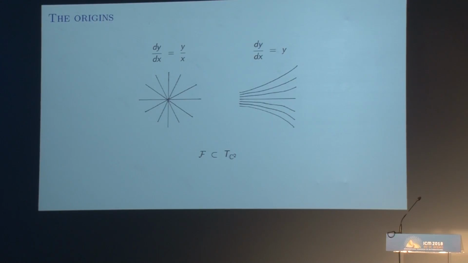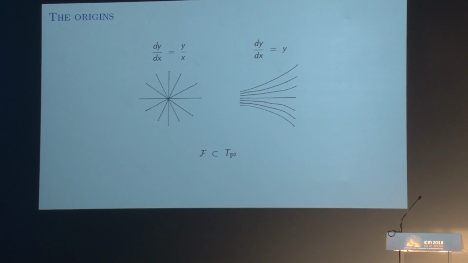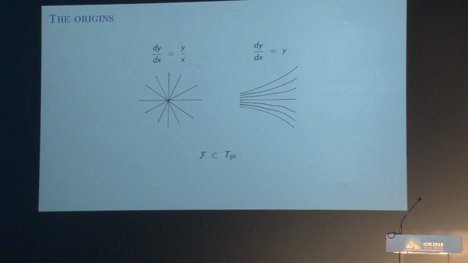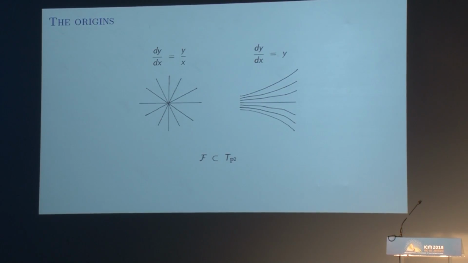Now, let's extend and saturate this distribution, and then you get a saturated subsheaf of the tangent bundle of the projective plane. And now you start to see a fundamental difference between these two examples.